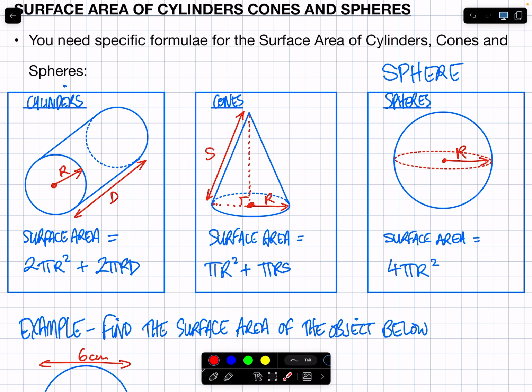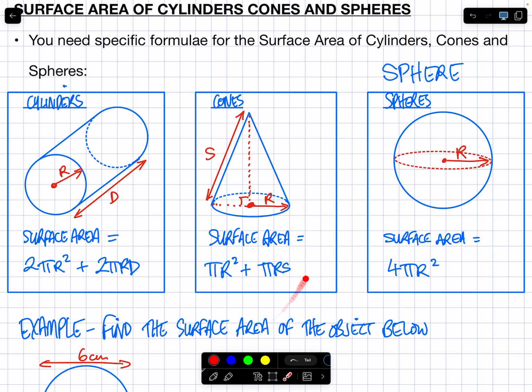So what you're mostly going to find is that the questions are going to tell you the radius and the height of the cone. They're not going to tell you the slant length. Do we have maths where you can find out the slant length if all you know is how tall the cone is and what the radius is? It starts with a P. Pythagoras, okay? So just keep that in mind.